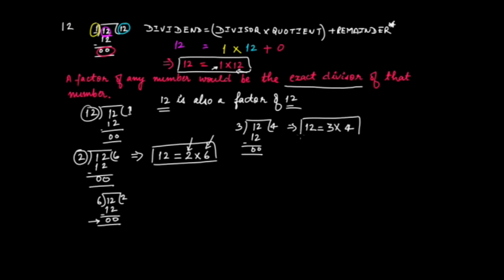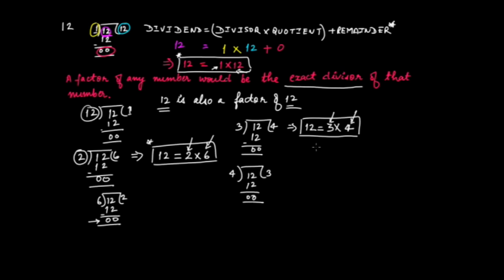Now 12 is equal to 3 multiplied by 4. 3 is a factor, and on the basis of this, you could say that 4 is also a factor. You can cross check that.